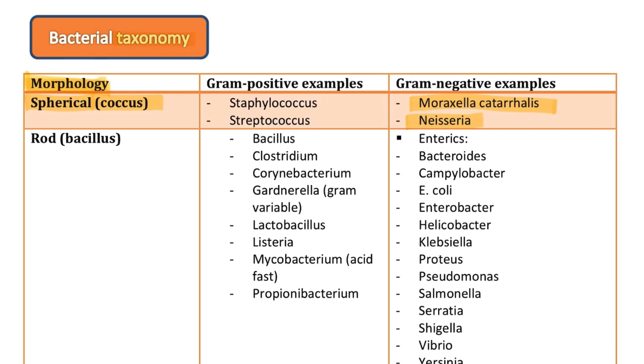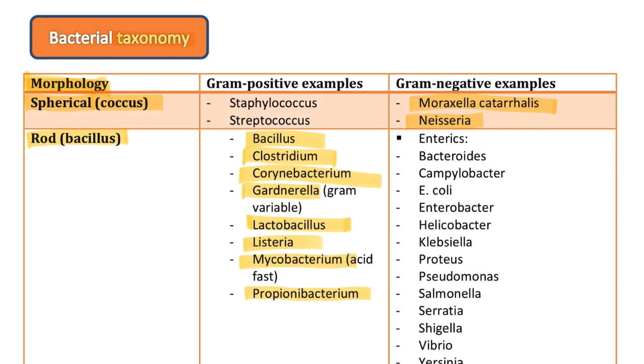In rod morphology we can see bacilli. The gram positive examples will be Bacillus, Clostridium, Corynebacterium, Gardnerella, Lactobacillus, Listeria, Mycobacterium and Propionibacterium. These are the examples of gram positive bacteria in rods.